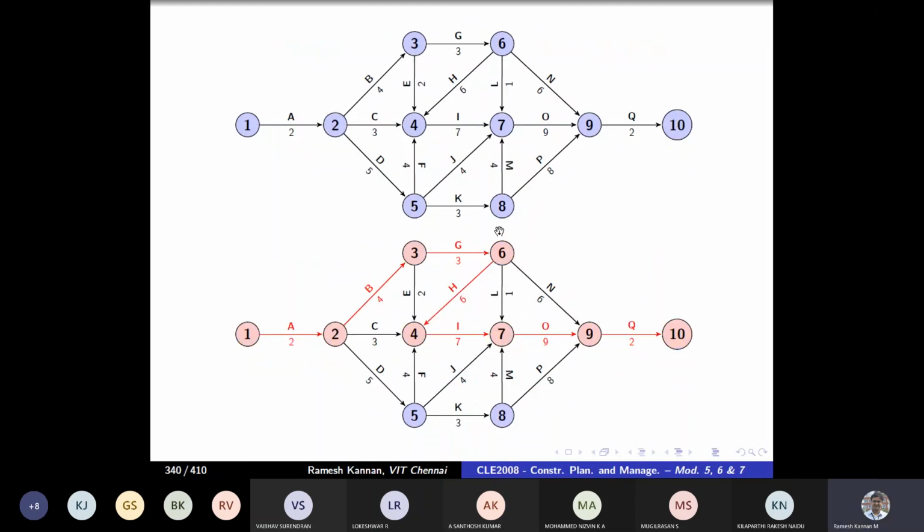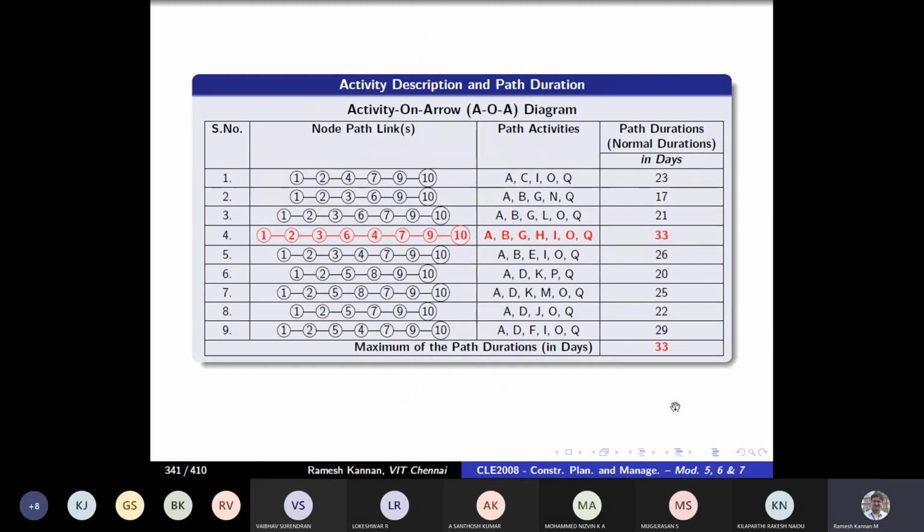From the previous example, the critical path method lecture, we know that the critical path is 1, 2, 3, 6, 4, 7, 9, 10, and the critical activities are A, B, G, H, I, O, Q, and the critical path duration is 33, which is the project duration as well. We can even calculate using a shortcut, but this is only permitted for this crashing methodology.